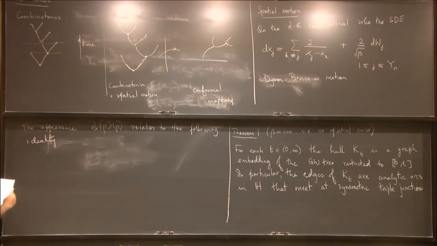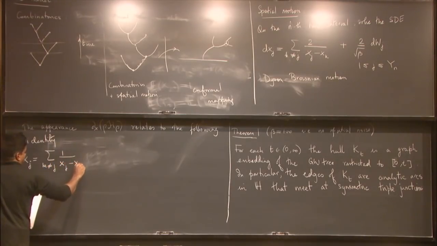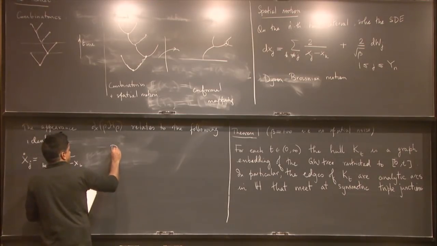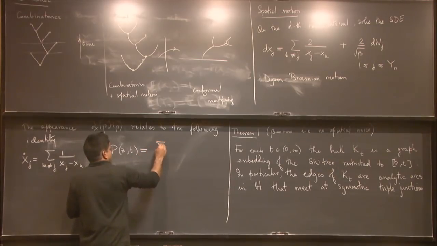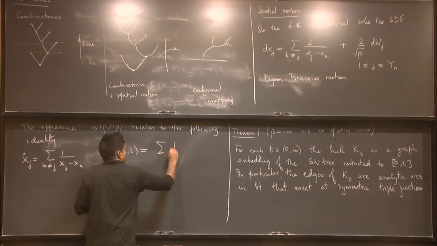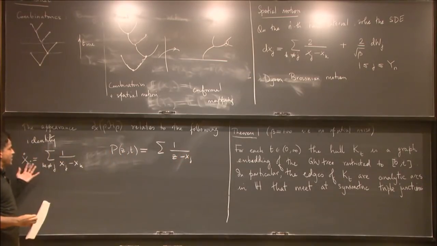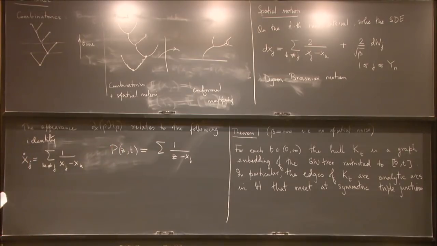Suppose I just take the following ODE. Rather than work directly with the particles, let me work with the Herglotz function that goes with this. Let me look at P of z,t to be the sum of 1 over z minus xj. If x dot is evolving according to an ODE, this is evolving according to some equation, and you want to compute that equation.